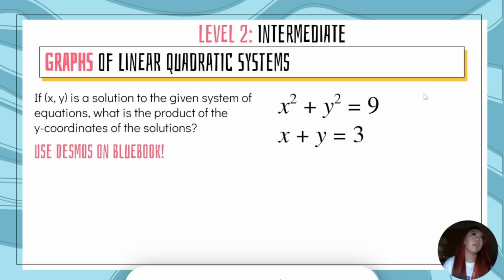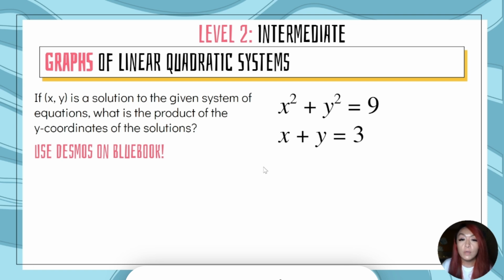The great thing about Desmos when it comes to graphing, as opposed to your TI-84: if you want to graph something on your TI-84, it has to be in y equals, right? The graphing function on the TI-84 is the y equals button.